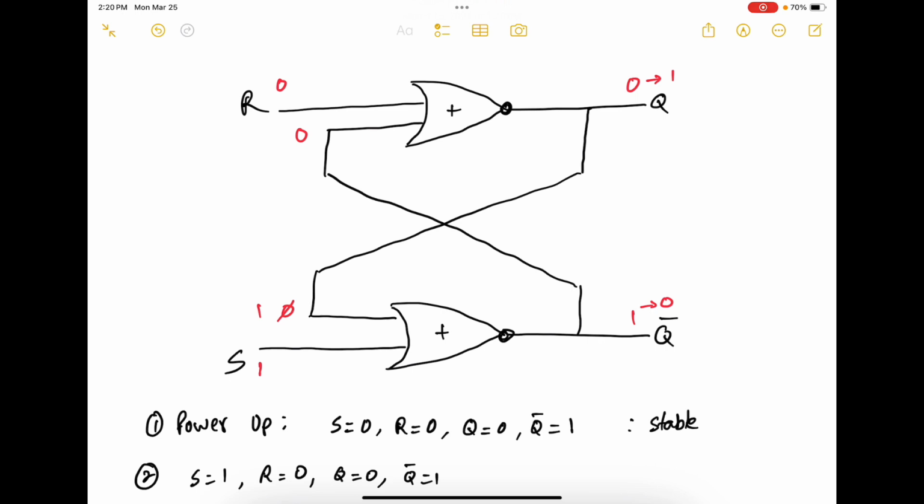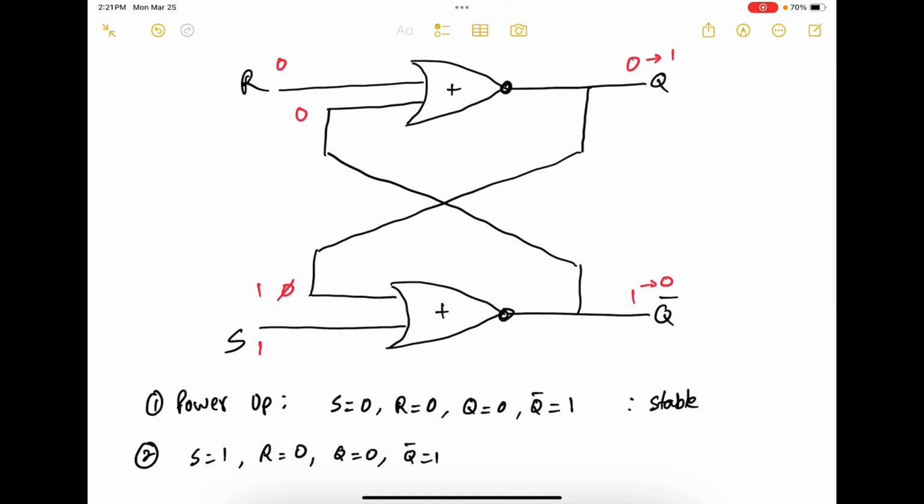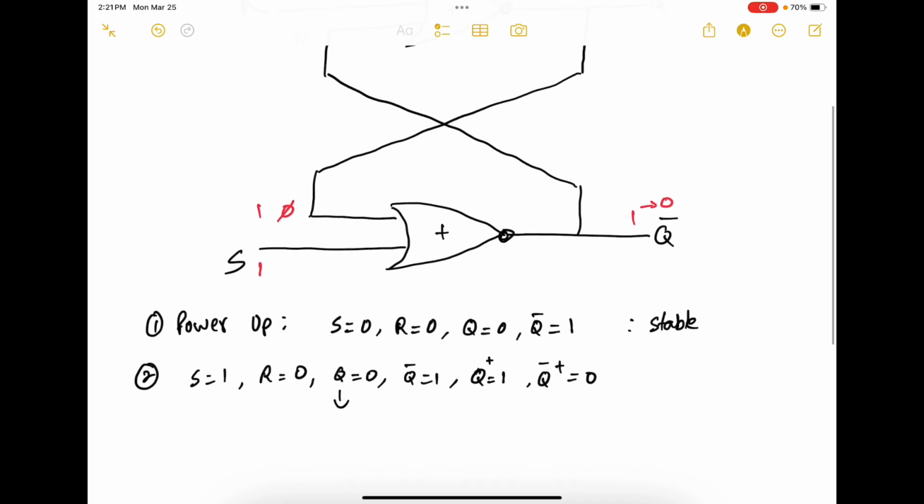This 0 goes back here and you get Q as 1. So this circuit is going to settle at Q equals to 1 and Q prime equals to 0. So you have Q plus equals to 1 and Q prime plus equals to 0. So this is the current state and this is the next state.